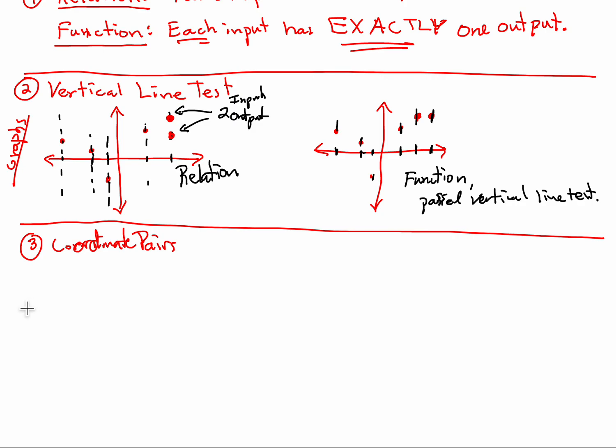And those coordinate pairs, let's start with our first example, 1, -1, 2, -3, 1, -2, and 1, -4.